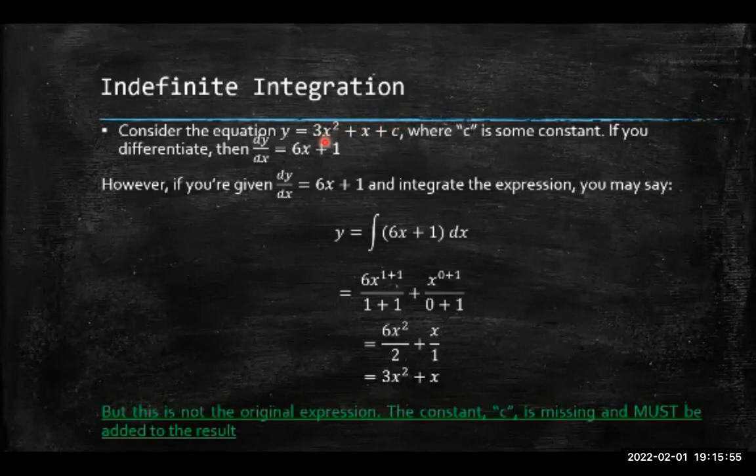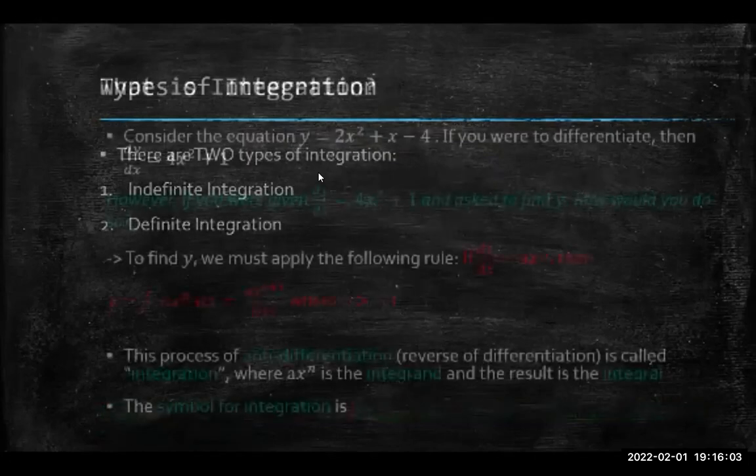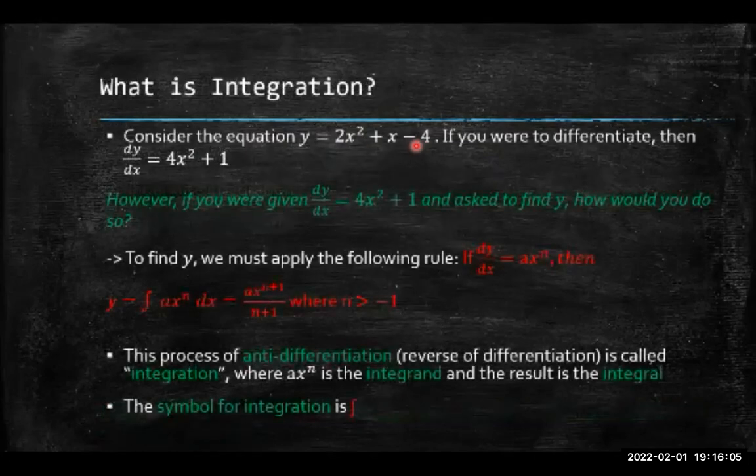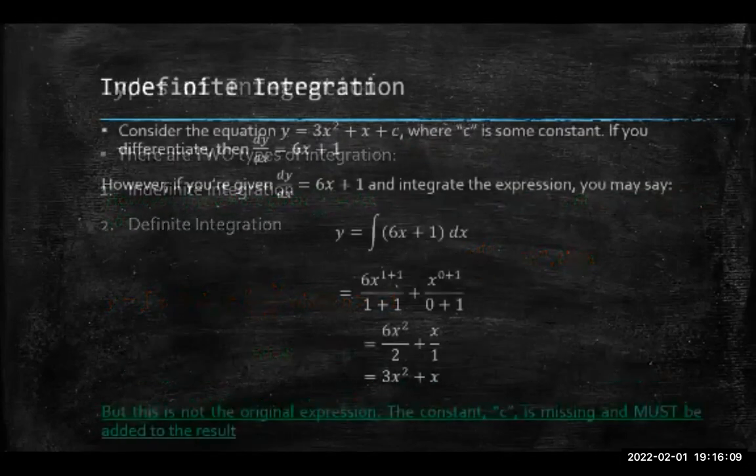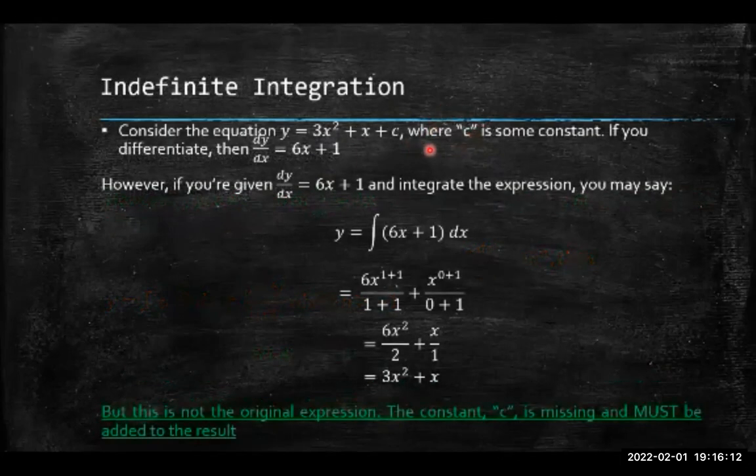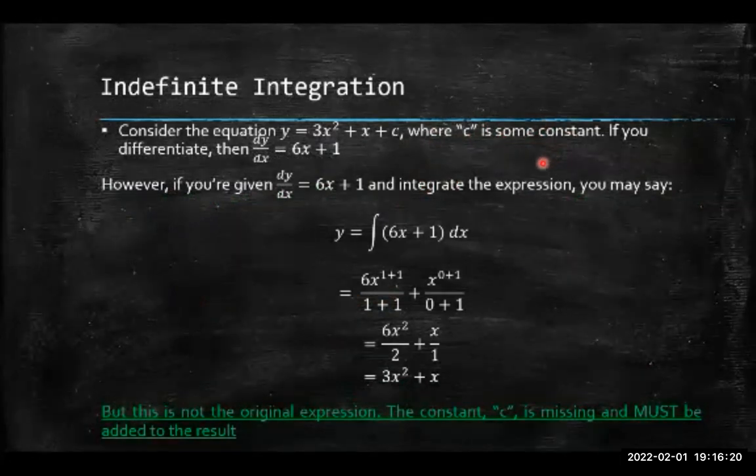Notice, in this case, they said plus c, where c is some constant, right? So we don't know the value of c. Unlike before, where we knew that the value of c, which is the constant, was -4. In this case, you just know it's a constant, right?